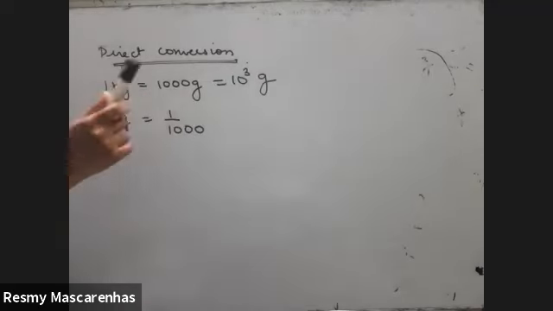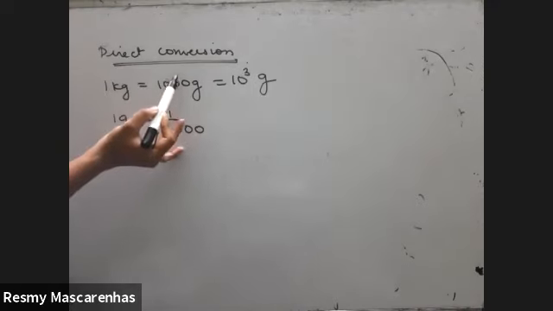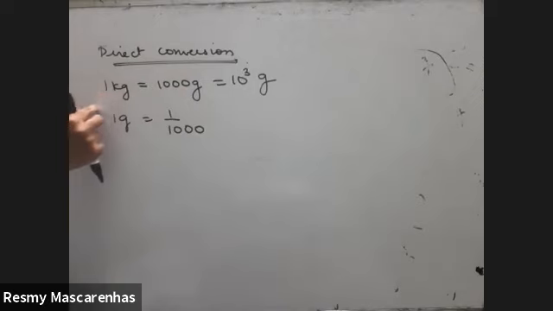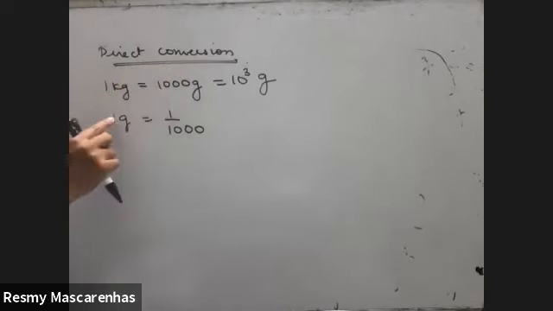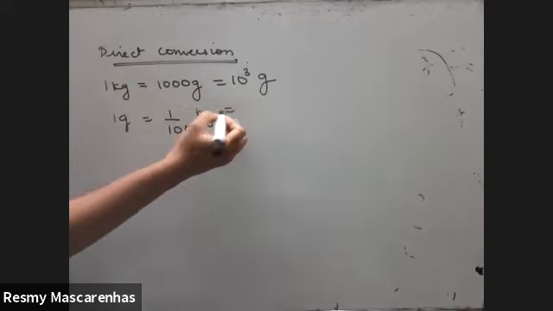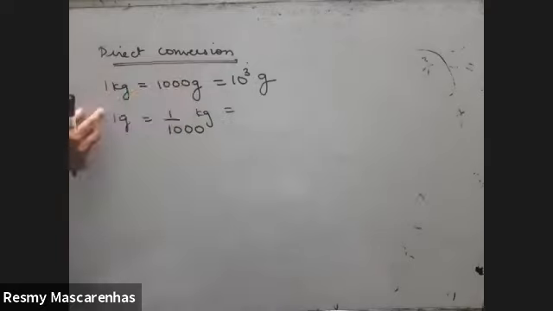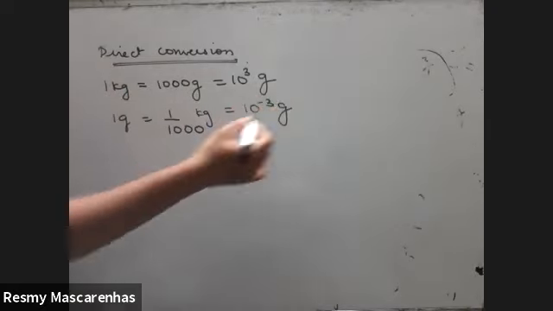If you know this, it is very simple to find. Keep gram here only, and this fellow goes down there. If you are taking the whole number down, 1 remains. So 1 gram is nothing but 1 upon 1000.